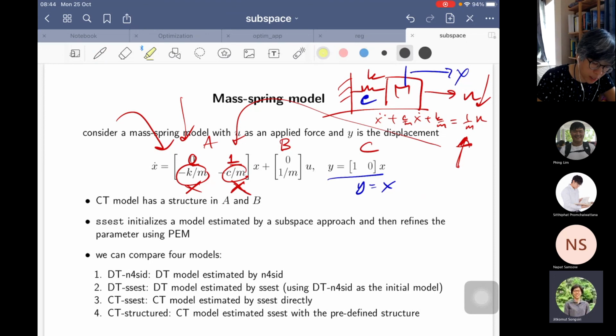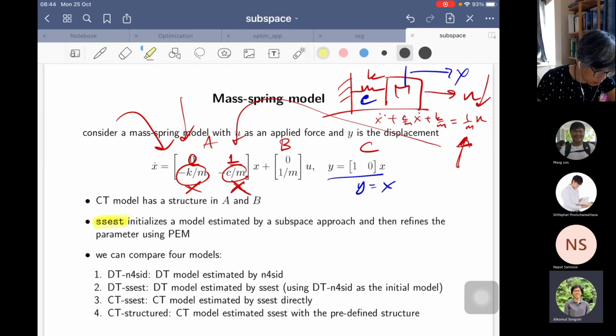I would like to mention that when you estimate state space models, the System Identification Toolbox has SSEST, state space estimation.